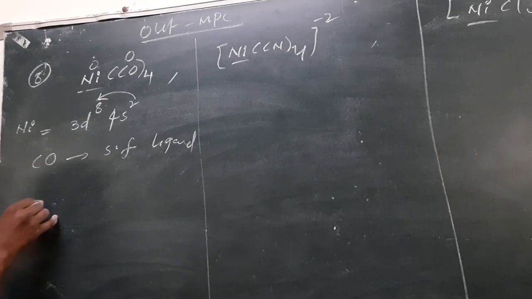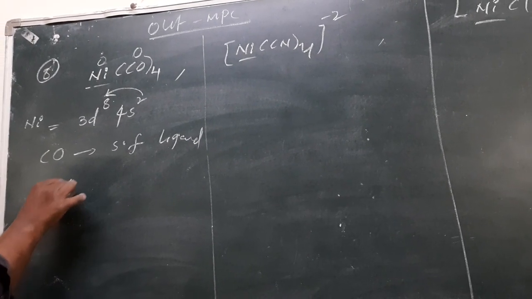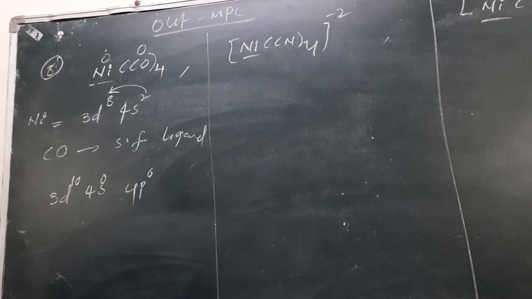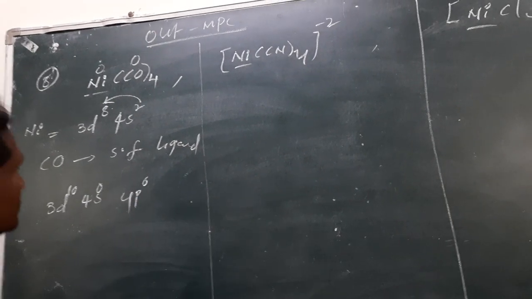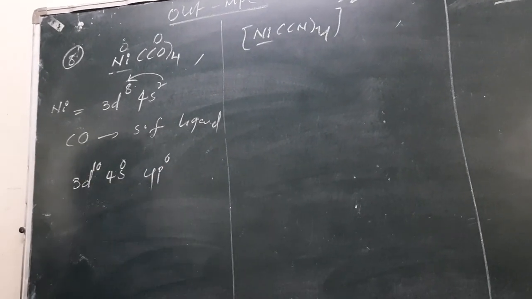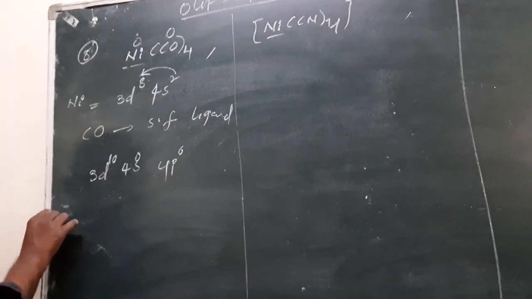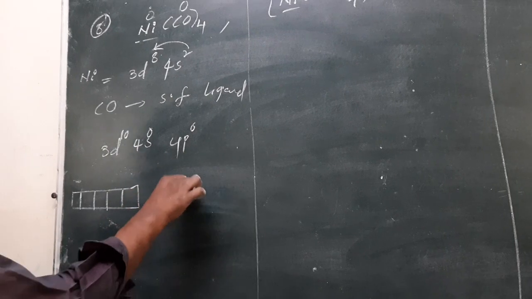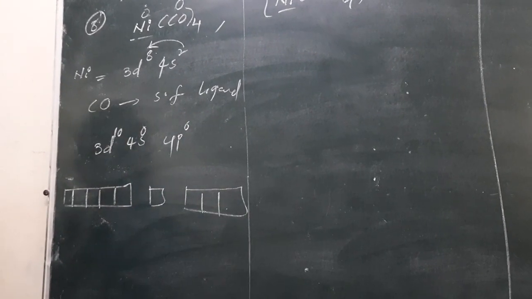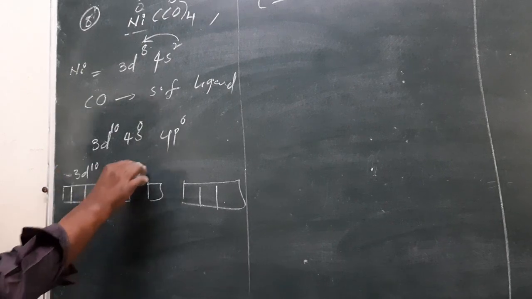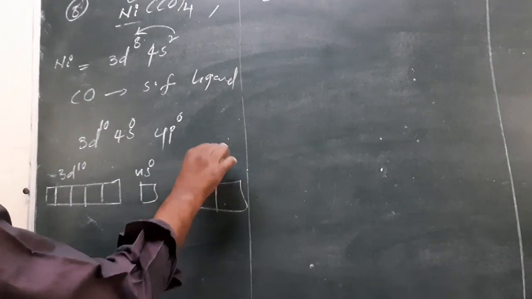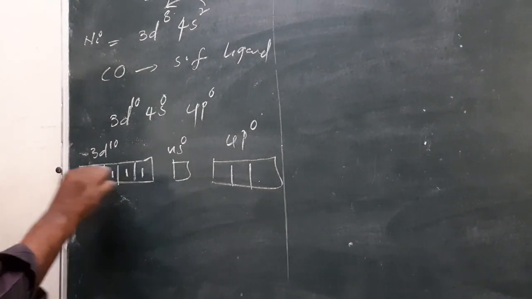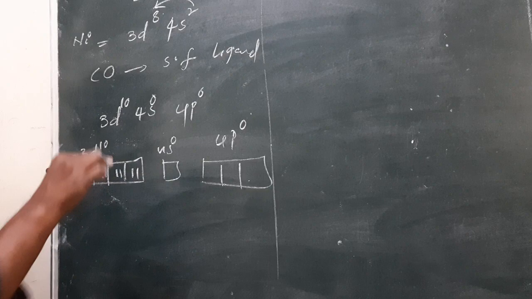So the new configuration is 3d10 4s0, and 4p0, 4d0. So this is 3d10 4s0 4p0, 3d10 meaning 10 electrons.